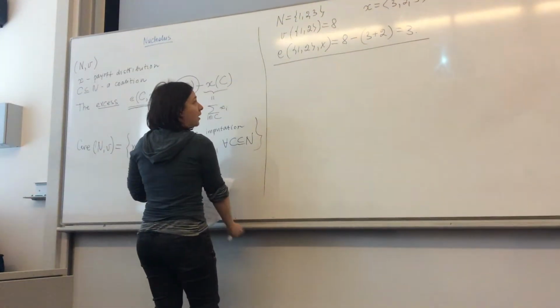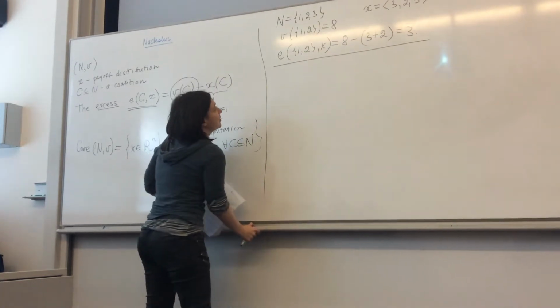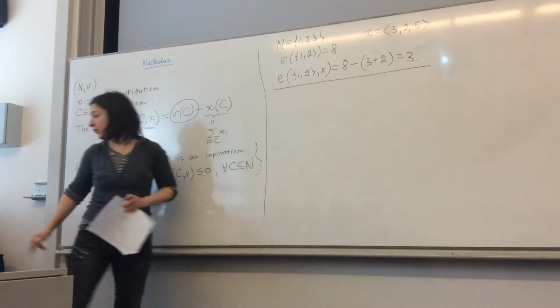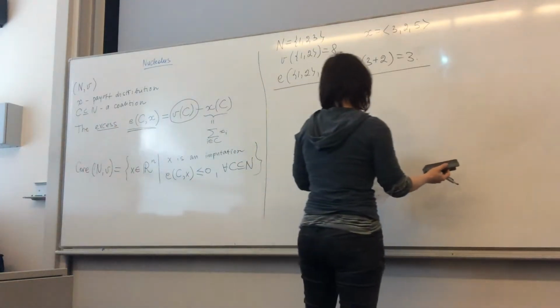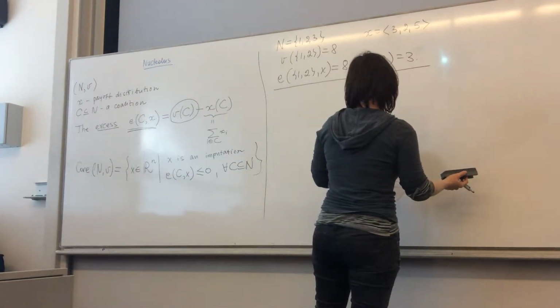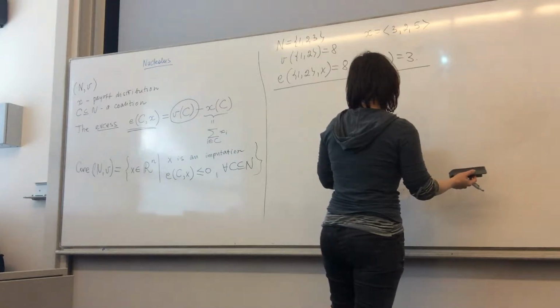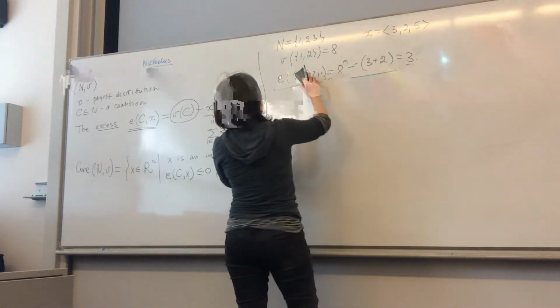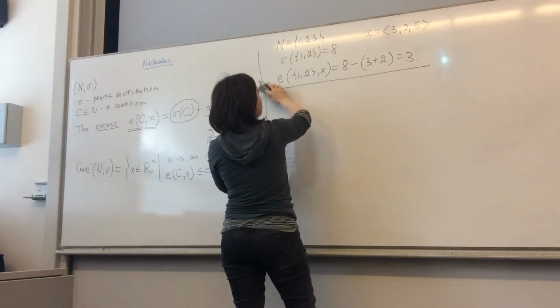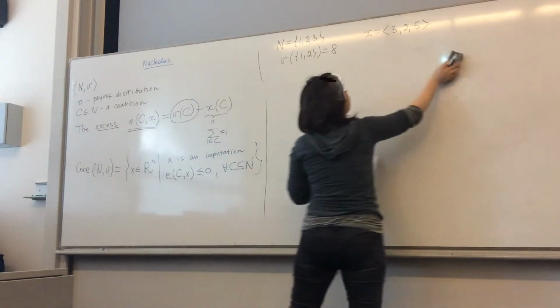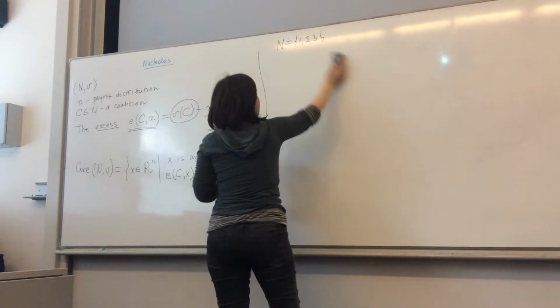So now, let me just extend this example. We have 3 agents again, and we would define the values.